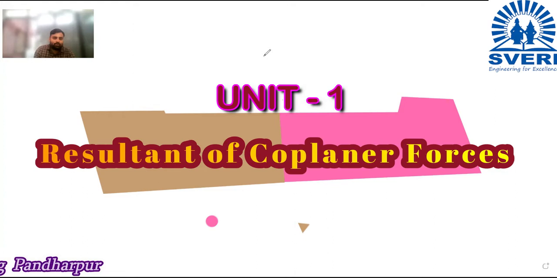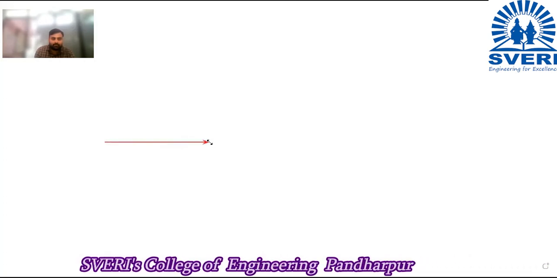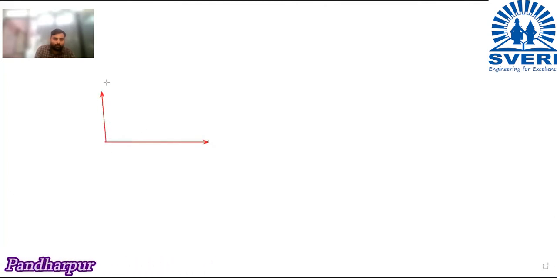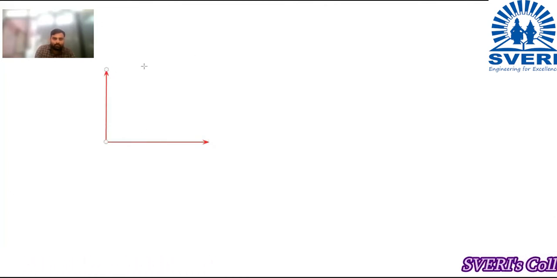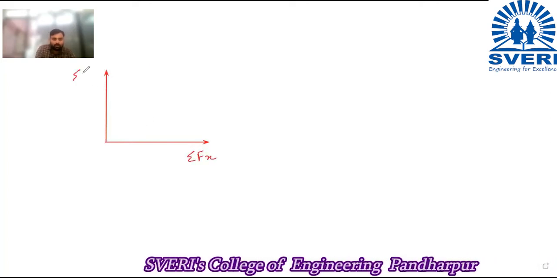First of all, you can see over here, suppose this is your summation fx and this is summation fy. So this is my summation fx and this is my summation fy.